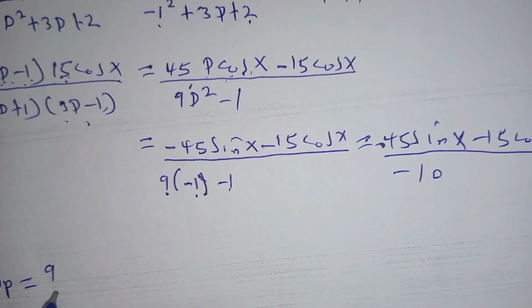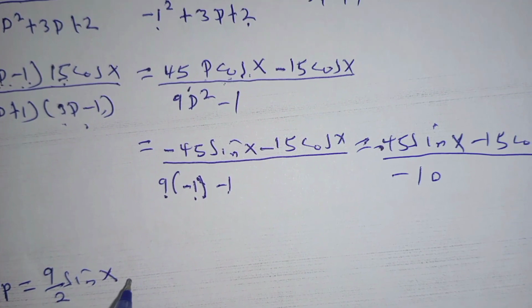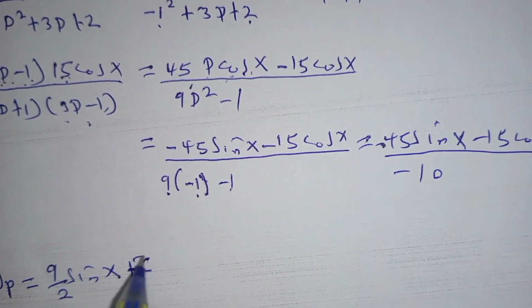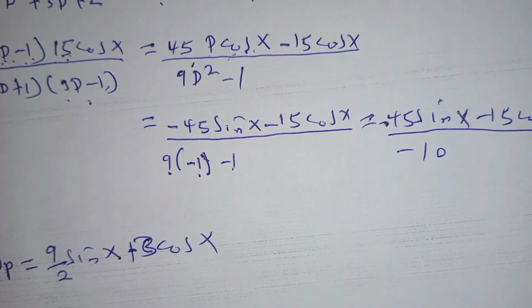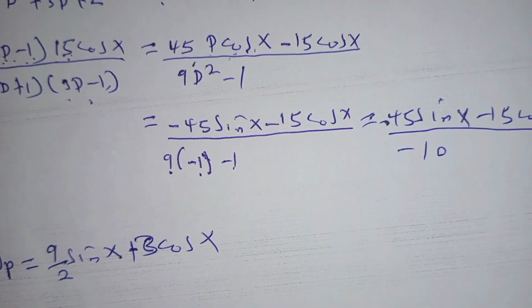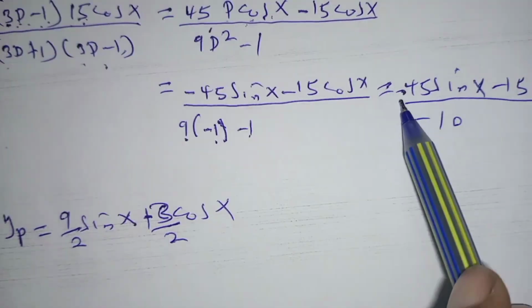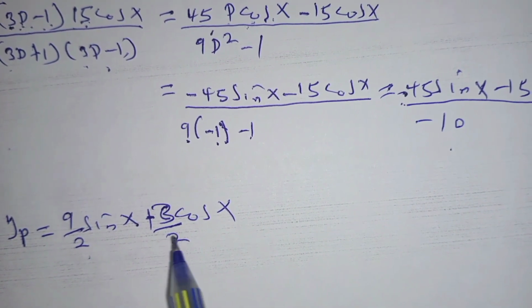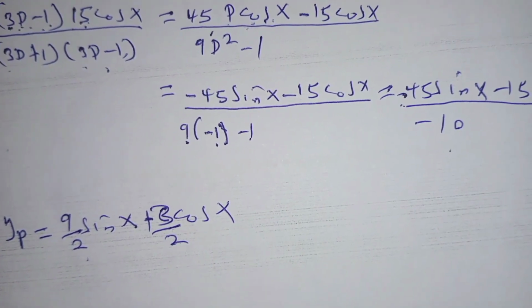You shall have 9 over 2 sine of x plus 3 cos of x, over 2. That is what we obtain after dividing by 2 there. When you divide negative 45 by negative 10, it will give you 9 over 2 sine of x. Then you have negative 15 divided by negative 10, which gives you 3 over 2 cos of x.